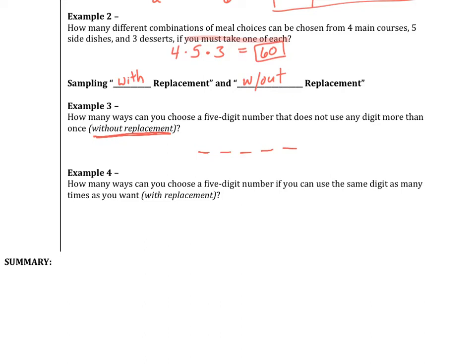How many options do you have to pick for the first digit? Think if you're going to write a number down, you're just going to write some number on your paper. How many options do you have for that first number you write down?